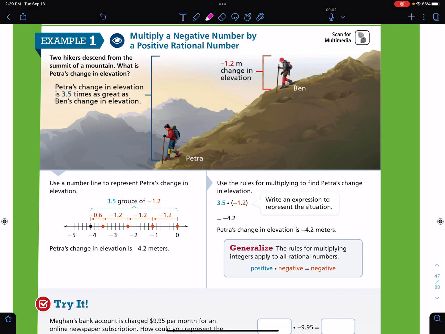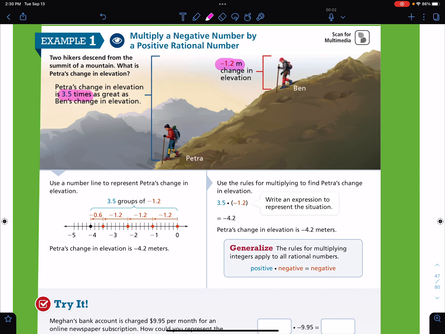What you can see is that they used multiplication, 3.5 times negative 1.2. What I'm trying to understand is why they have this extra 0.6 here.